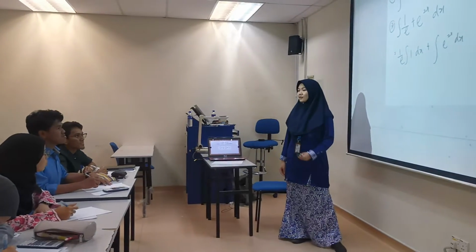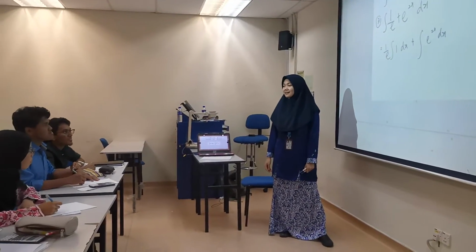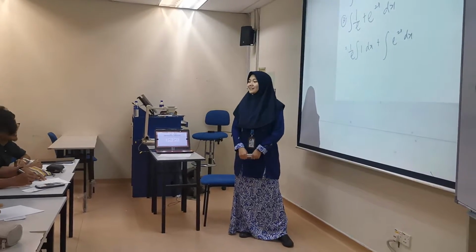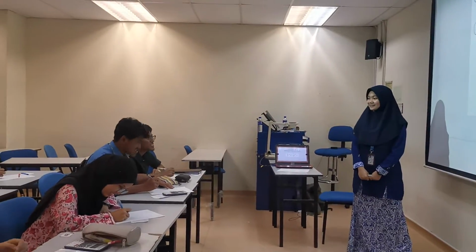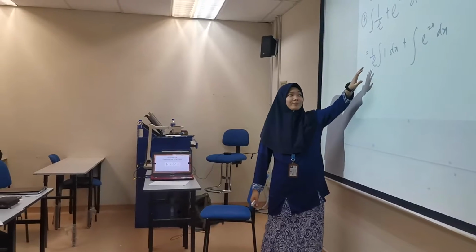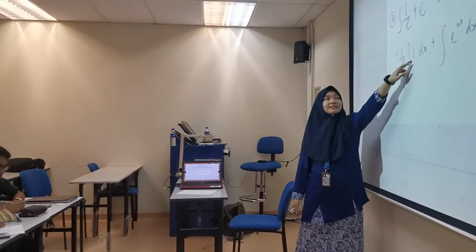How to integrate? Your integration needs to improve first, the basics. If we change 1 over e into e to the power of negative 1, it's actually the same if you press your calculator, but don't mess it up because this is going to be x, right?